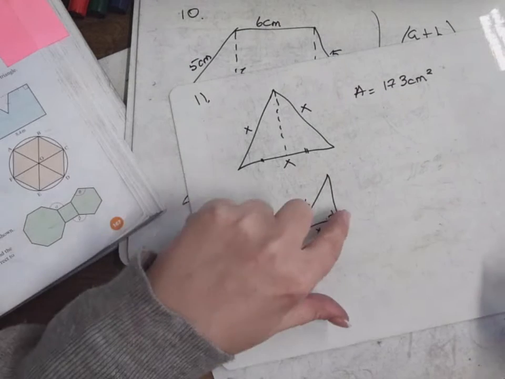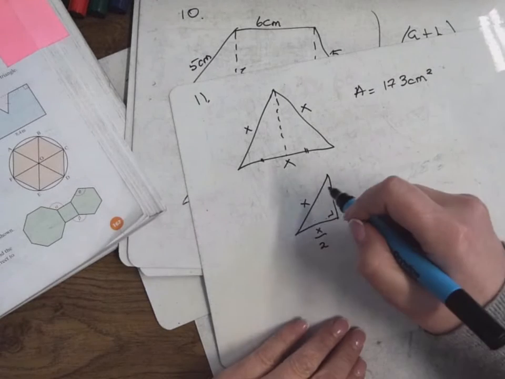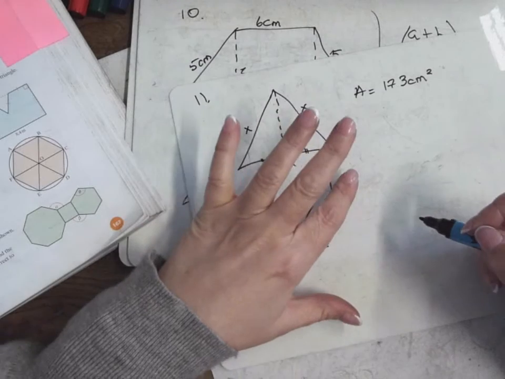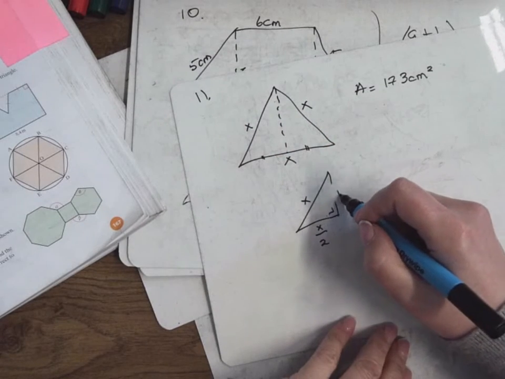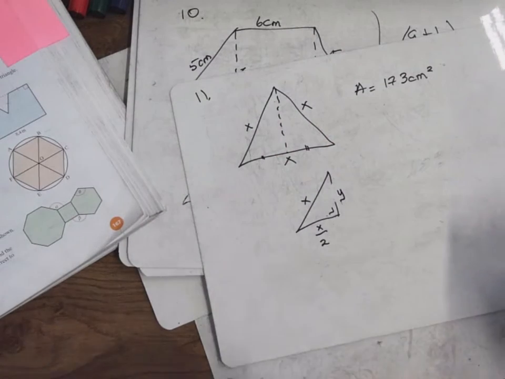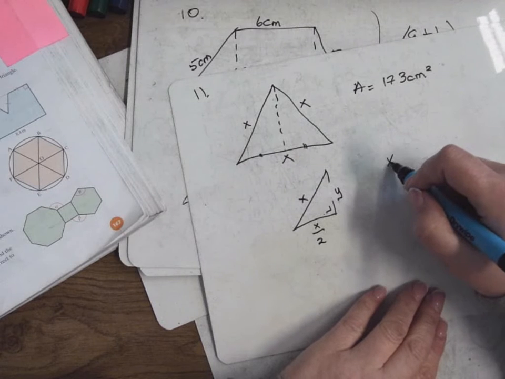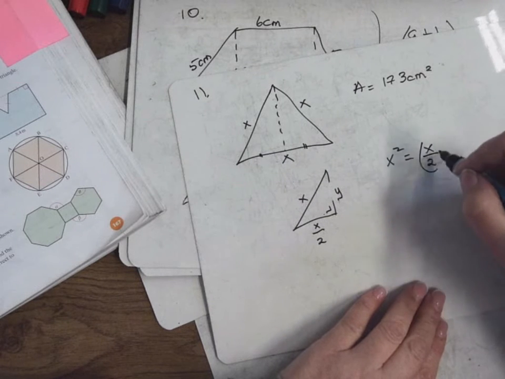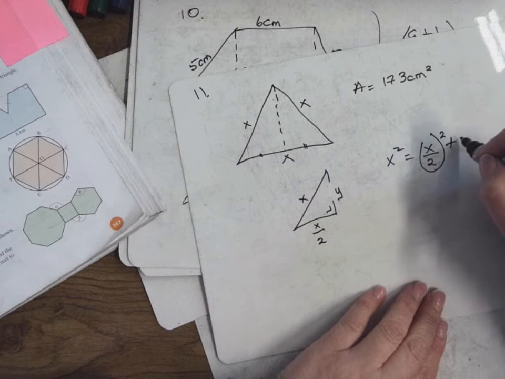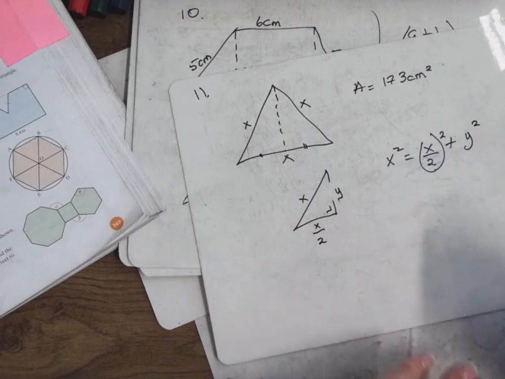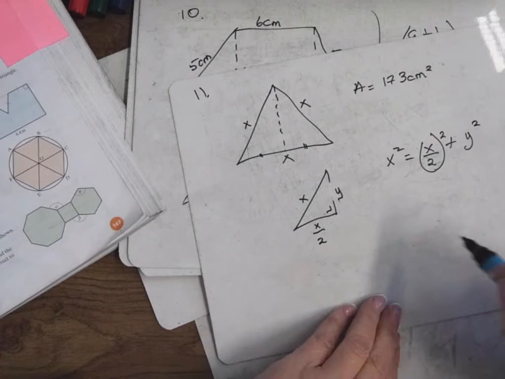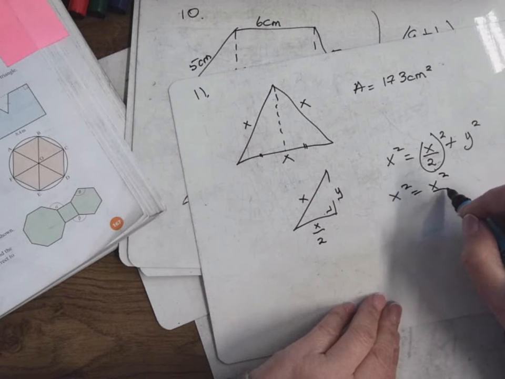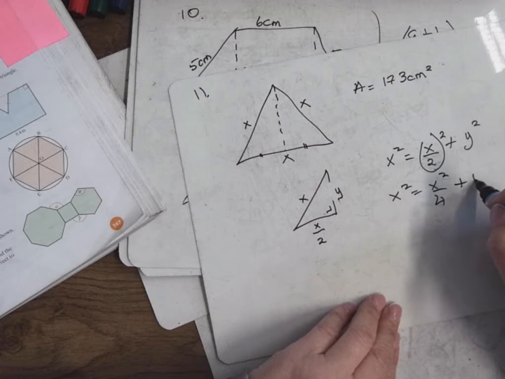I need this in terms of x, so I'll call that y for the moment. Pythagoras' theorem: hypotenuse squared, x squared, equals x over 2 squared plus y squared. So x squared equals x squared over 4 plus y squared.